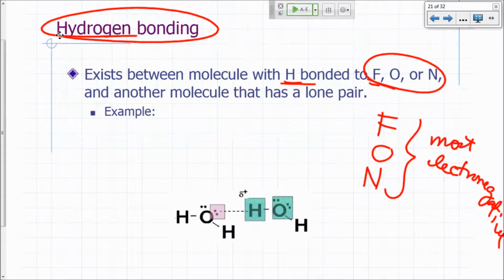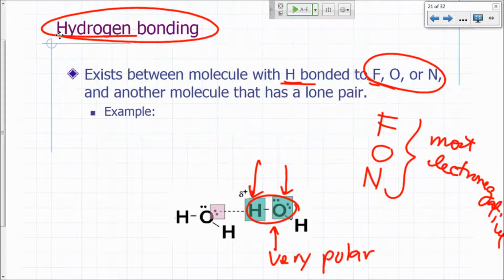So anytime you have a hydrogen attached to an oxygen, that is a very polar bond. Anytime hydrogen is attached to fluorine, oxygen, or nitrogen, the bond is very polar, so there's a highly partial positive charge on the hydrogen. It's almost bare of electrons. The electrons are almost all the way to the other side, to the oxygen, the fluorine, or the nitrogen.